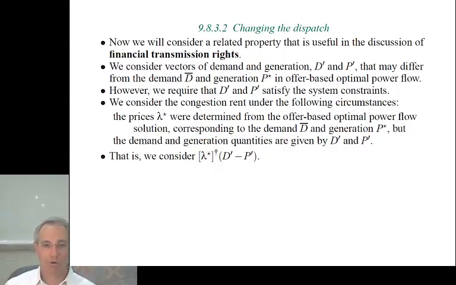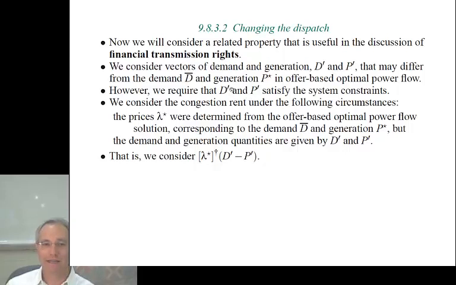Now we're going to consider one more final property, a related property that will be useful in the discussion of financial transmission rights. So far we've considered demands D overline and the corresponding generation P star in the offer-based optimal power flow. Let's now suppose that someone comes up with a different vector of demands, let me call it D primed, and a different vector of generations, P primed.